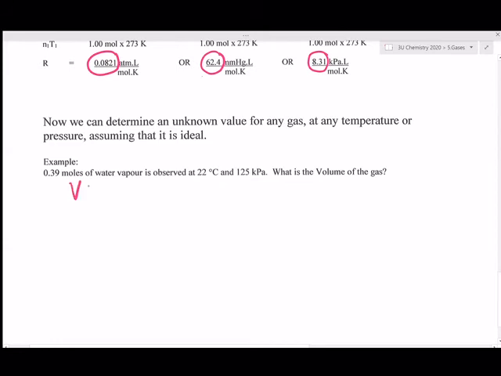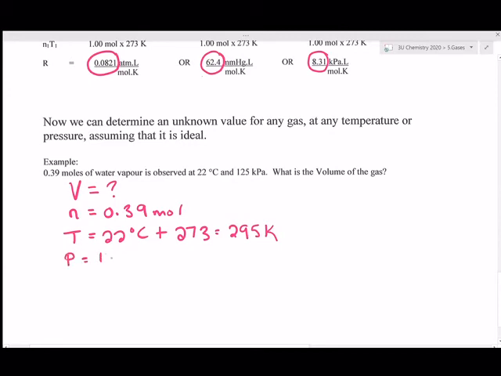Okay, so the question is volume, moles, 0.39 moles. As I said before, it's a good idea to write things out and then you'll hopefully recognize what formula you're using. Temperature, 22 degrees Celsius. We need to add the 273, which is going to be 295 Kelvin.